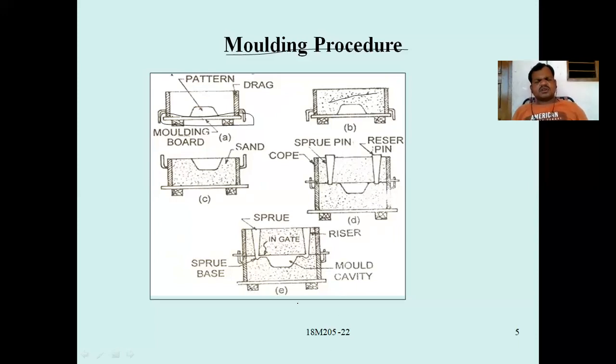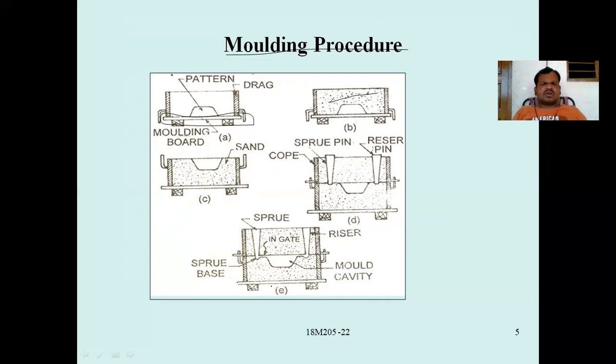After pouring, we provide a solidification system. It means we provide a cooling system, either natural or artificial cooling. When you provide that cooling system, what will happen? They are converted into solid.